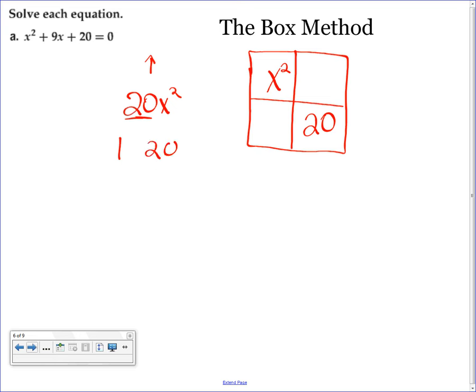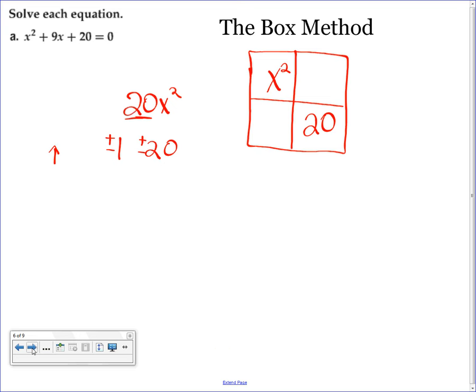Positive 1 times positive 20 equals 20, and also negative 1 times negative 20 equals 20. However, they do not add to give me 9. So it's not going to be that set of numbers.